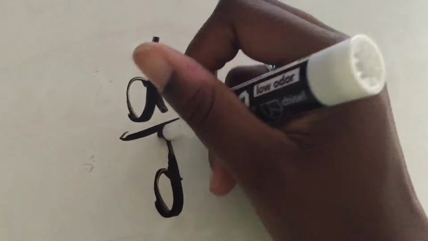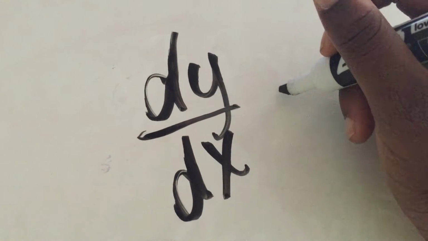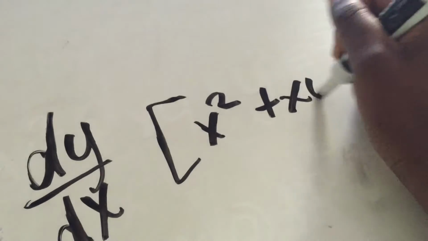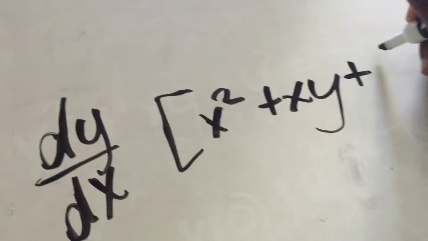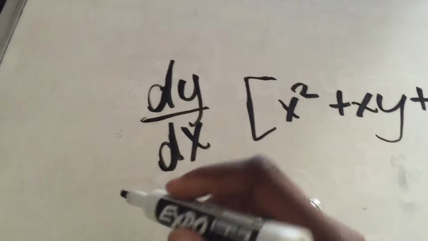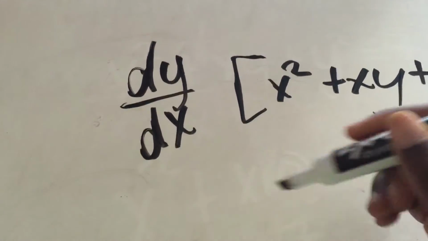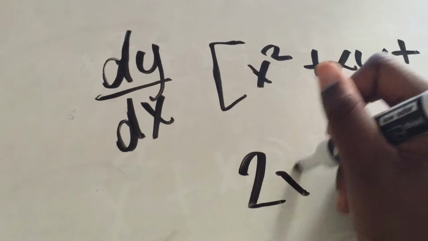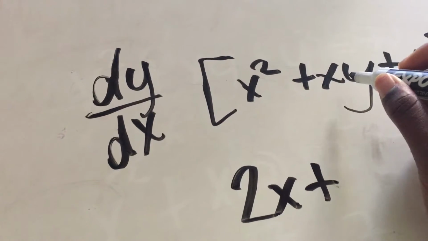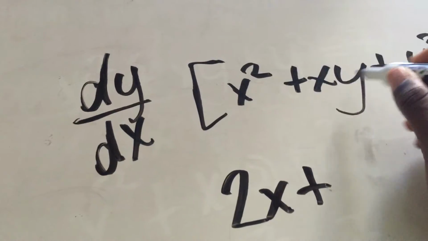So, d over dx of x squared plus xy plus y squared is equal to 7. Now, we're going to be trying to solve for dy/dx. So, we have 2x plus v du plus u dv, which is the product rule.